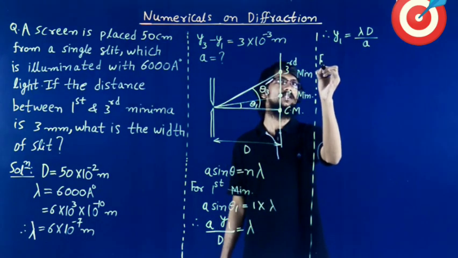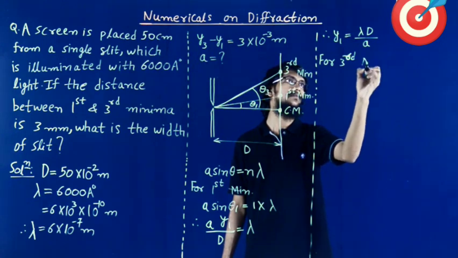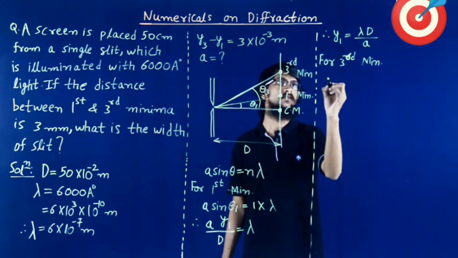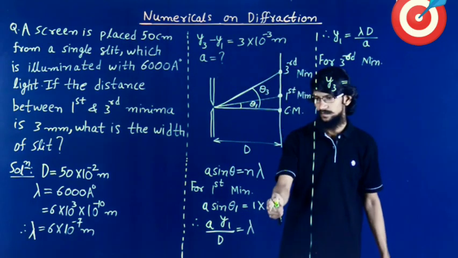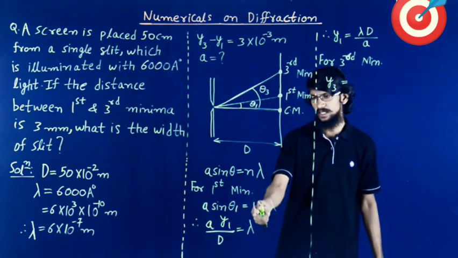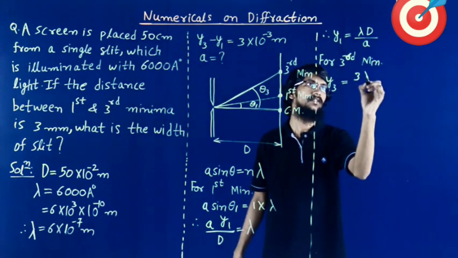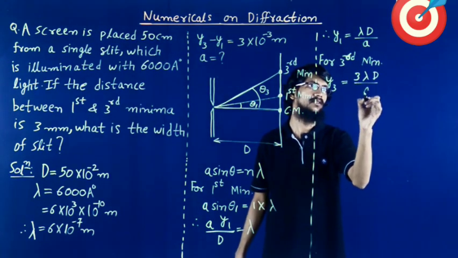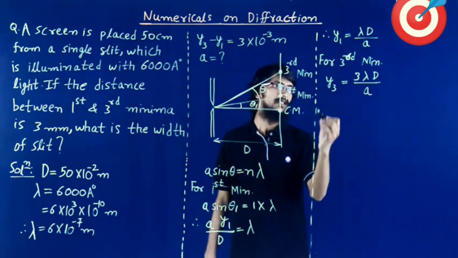We multiplied lambda with 1 because it was first minima; for third it will be y3 equal to 3 lambda D upon A.